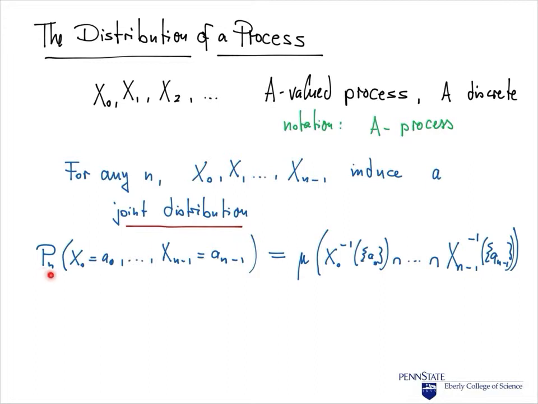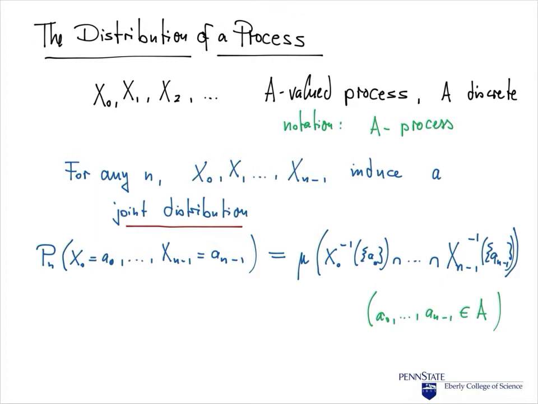For a given natural number n, we define the probability p sub n that x0 takes value a0, x1 takes value a1, and up to x_{n-1} takes value a_{n-1}, simply as the probability, or the measure, of the intersection of the pre-images of those a_i.